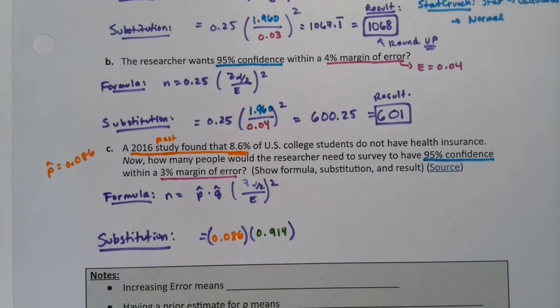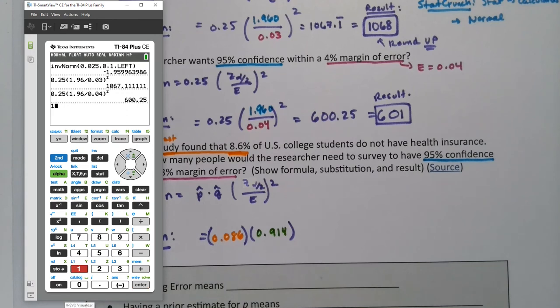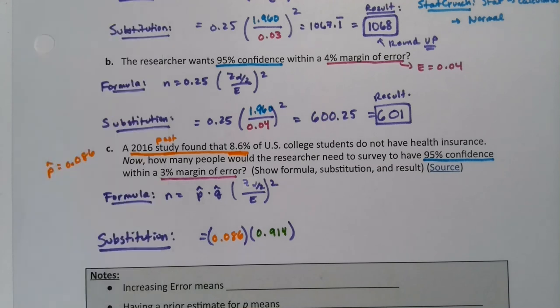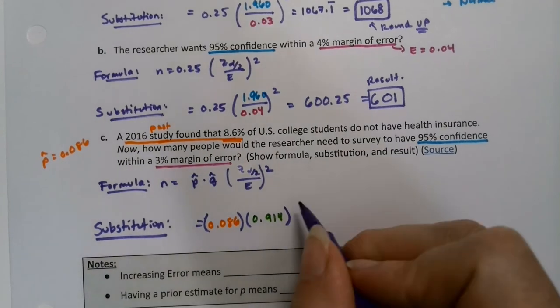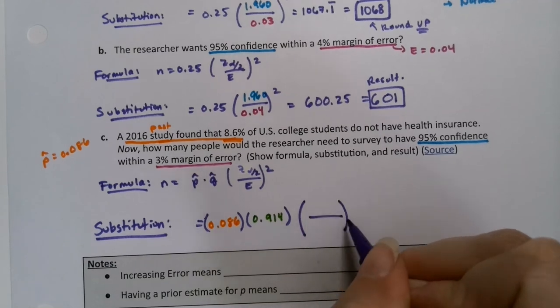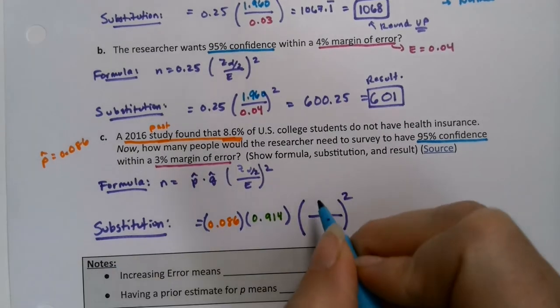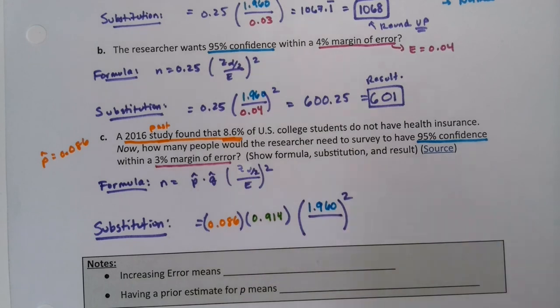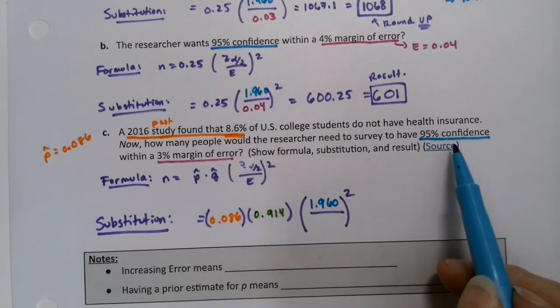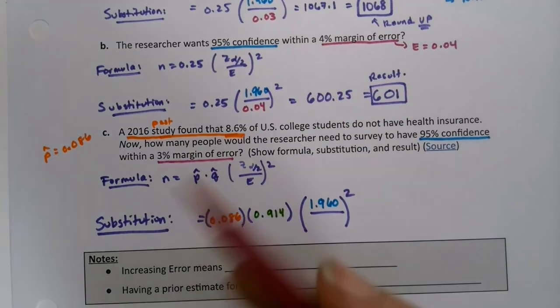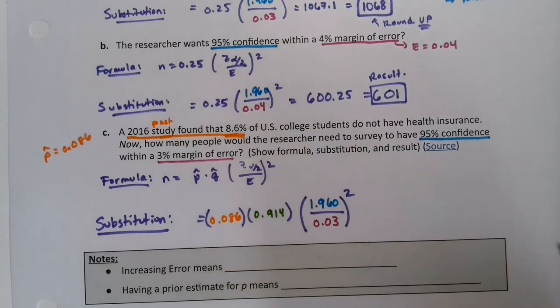And if you don't believe me, of course, you can just type in 1 minus 0.086. There it is, 0.914. So it's the complement. They make 1. And then the parts that haven't changed. I know that this top number is 1.960 because it hasn't changed because my confidence hasn't changed. And my error is back to 0.03.